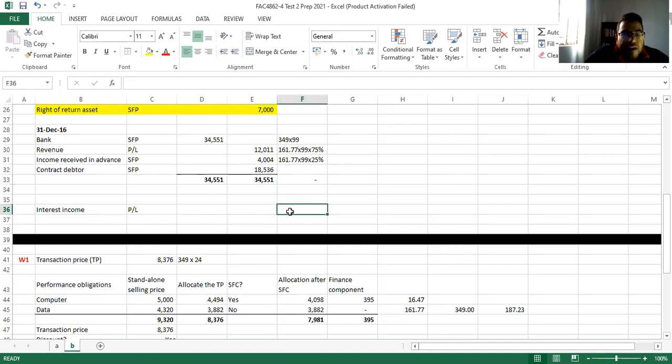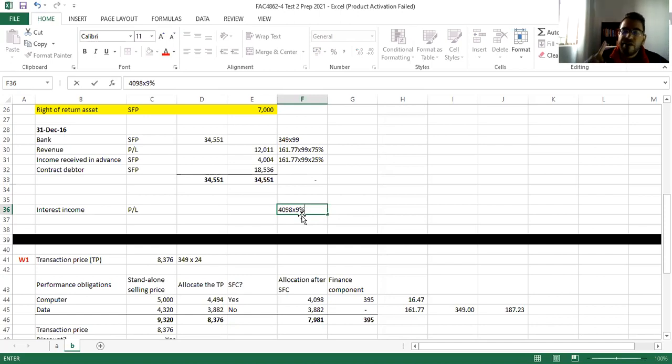So the way we increase interest income is simply going to be by the present value of the computers multiplied by 9%, the interest rate that we used to get the present value.